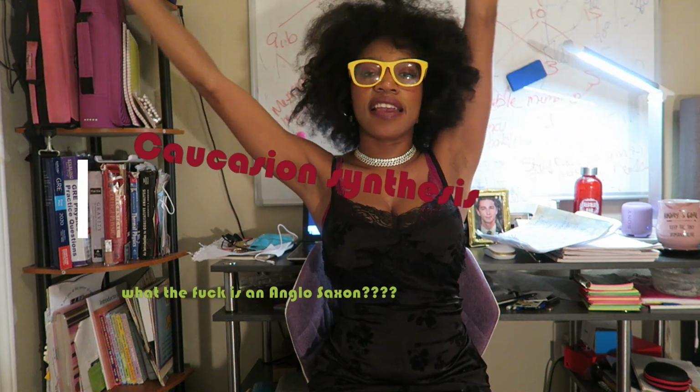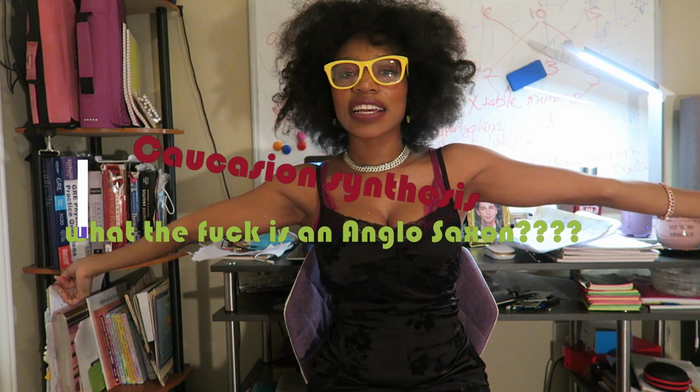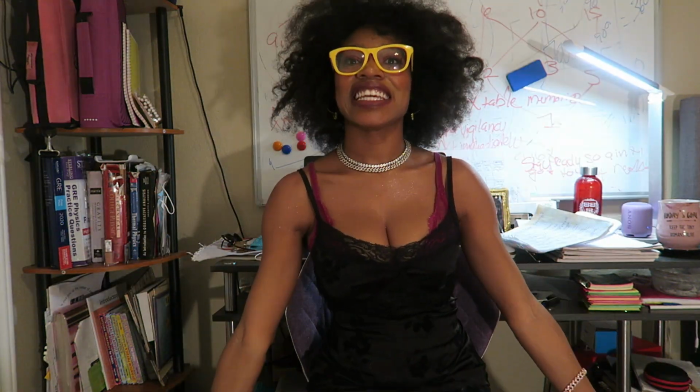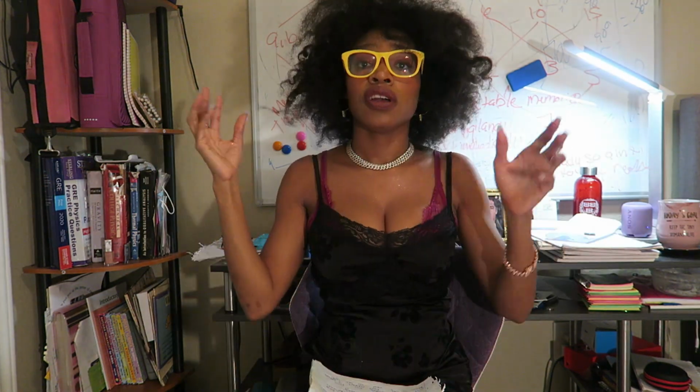So today's lecture is on what the F is an Anglo-Saxon exactly, and my theory on Caucasian synthesis. In today's lecture in particular, we're going to address what is an Anglo-Saxon exactly and Caucasian synthesis.